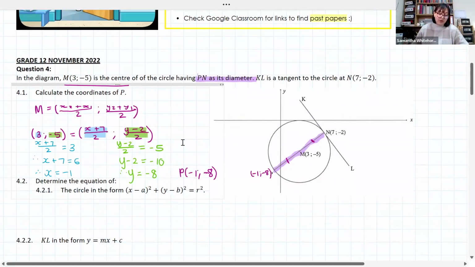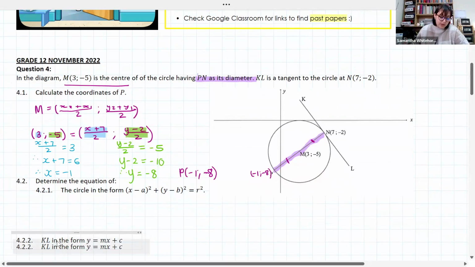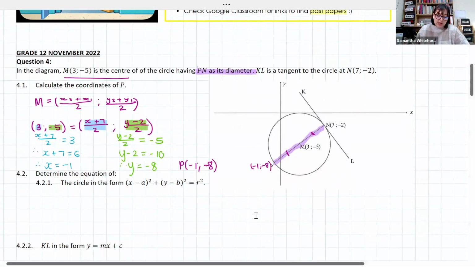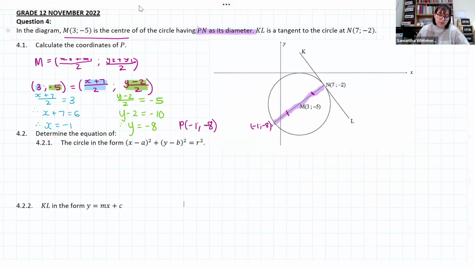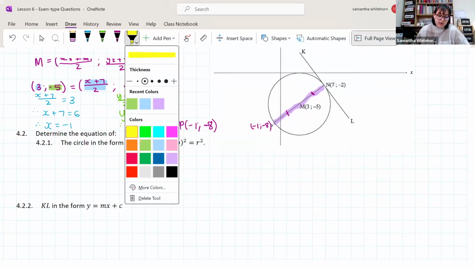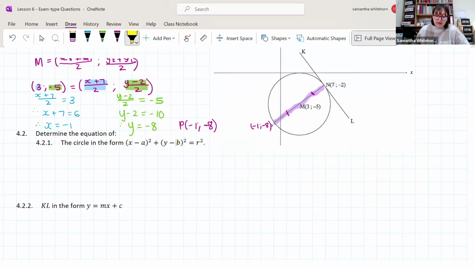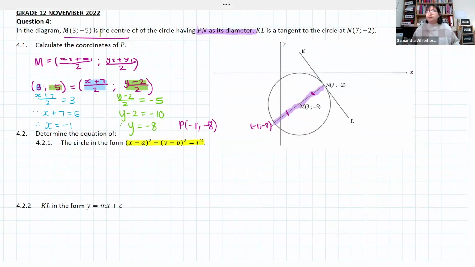Okay, 4.2.1 says determine the equation of the circle in the form (x minus a) squared plus (y minus b) squared equals r squared. Now, we did quite a few examples like this. So I want you guys to give this one a try for me by yourselves. So you've been given the circle, you know a whole bunch of information about the circle. Read the information again if you're not too sure. And I want the equation in the center-radius form.